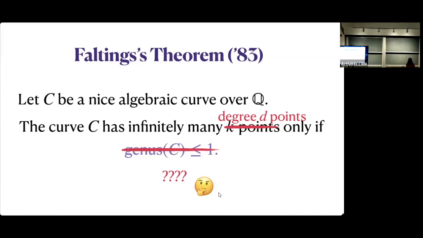What condition goes there? Okay, that's what I want to think about. Again, having infinitely many degree d points is having points over extensions of degree d, but where I allow which extension it is to vary. Okay, so this is different in flavor than what we did before.